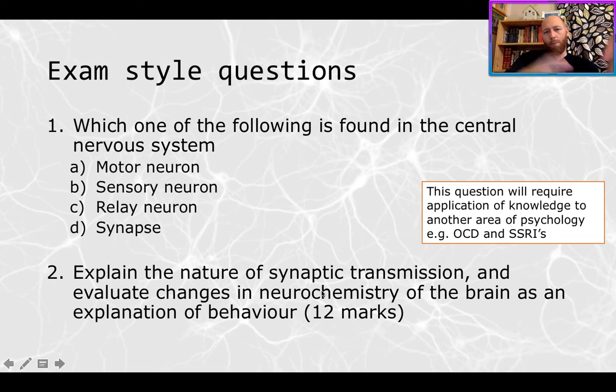So your AO1 would be how synaptic transmission occurs and so on. And then the AO2 would be SSRIs and how synaptic transmission, low levels of serotonin, high levels of dopamine can have behavioral effects. OCD is your go-to for that one.